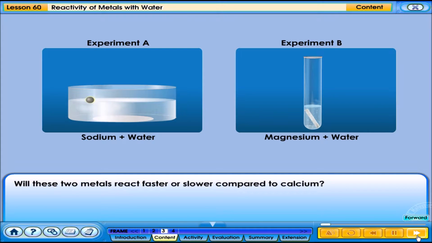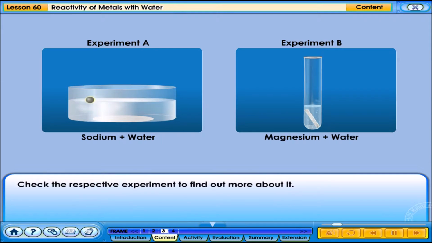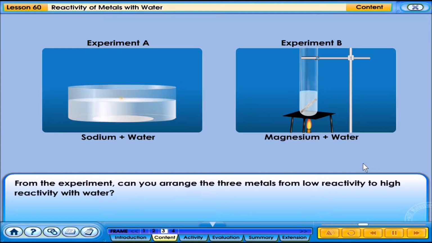Will these two metals react faster or slower compared to calcium? Check the respective experiment to find out more about it. From the experiment, can you arrange the three metals from low reactivity to high reactivity with water?